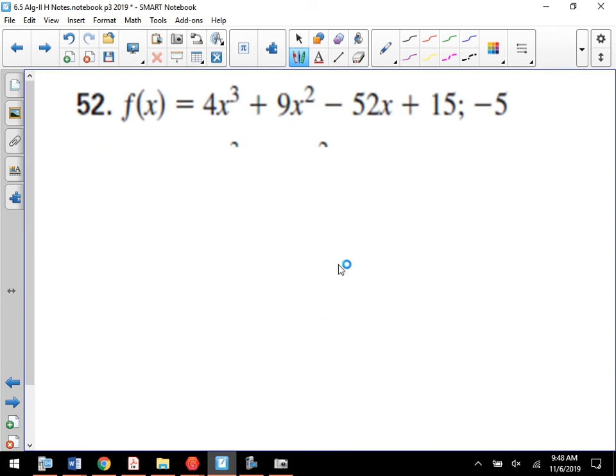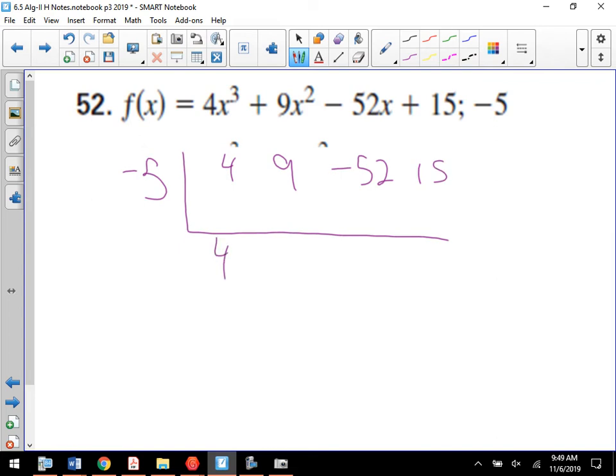Okay, here we go. Anyway, so right off the bat, we've got a zero. It tells you you have a zero at -5. Pull your coefficients out: 4, 9, 52, and 15. Start going through the process of the synthetic division. Drop the first term.